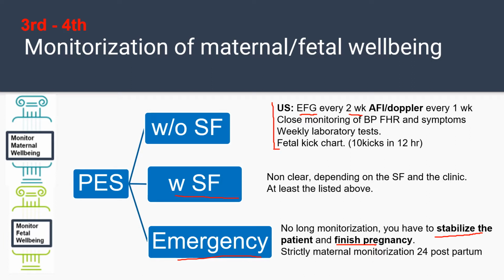So here you don't have to do so much monitoring, you have to do a lot of treatment. You have to finish the pregnancy, induce. But during all the time that you are with the patient, and you, for example, decide to induce vaginally, you have around 6 hours with the patient in this emergency category. You need to be very near the patient, and the monitoring must be very close.